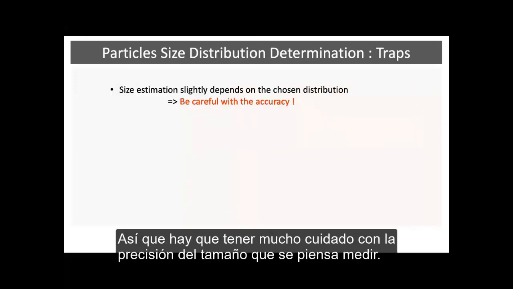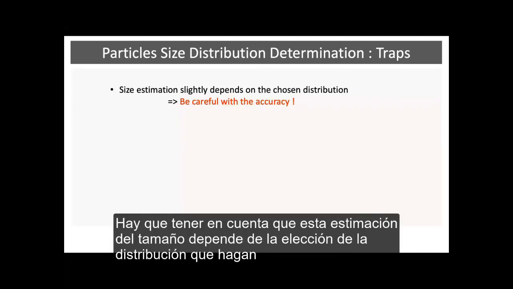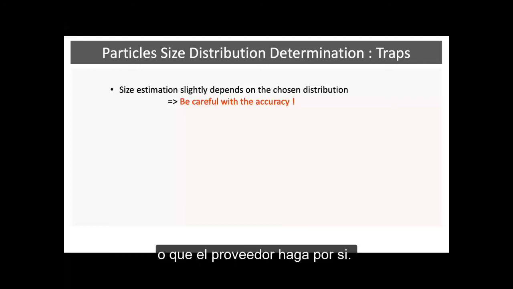So you have to be careful with the accuracy of the size you actually think you measure. You have to keep in mind that this size estimation depends on the choices you make or the commercial apparatus makes for you.